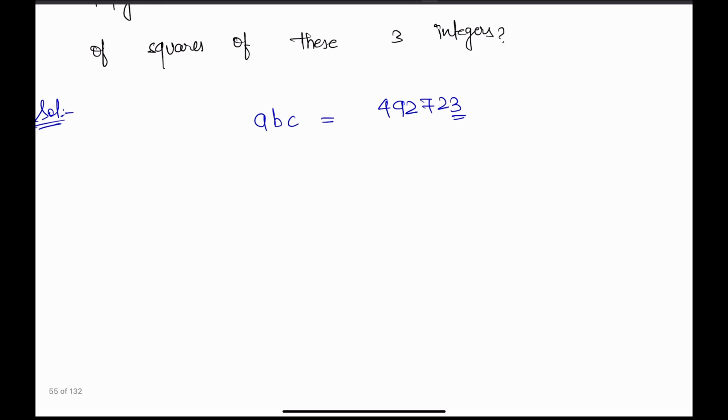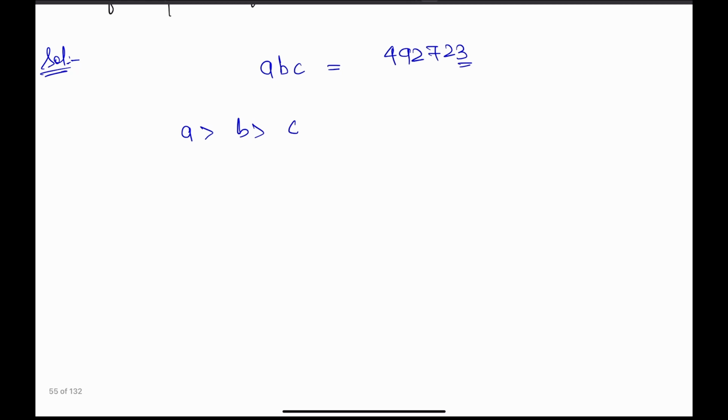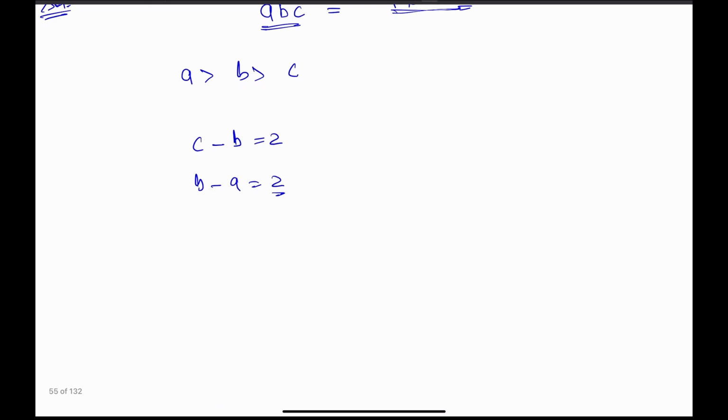Okay, so if we say that c is bigger than a, we can say that c minus b equal to 2 and b minus a is equal to 2.